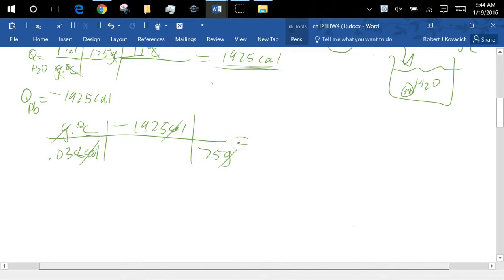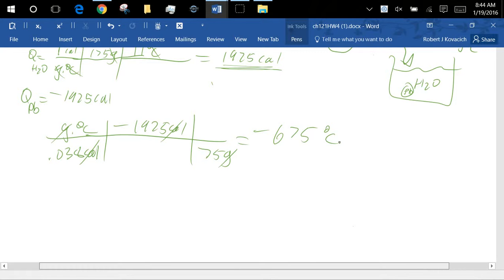And so what I'm going to do is calculate out a temperature. Negative 1925 divided by 0.038 divided by 75. I get negative 675 degrees C. So, am I done?